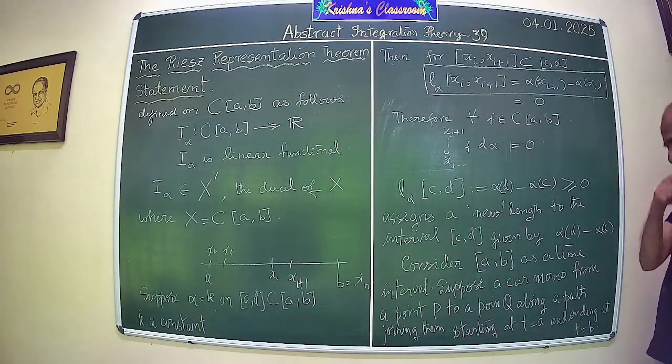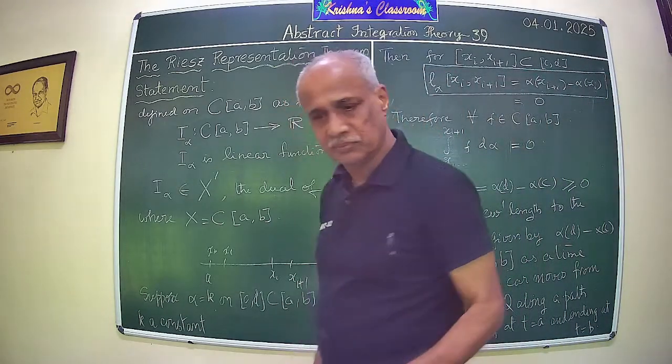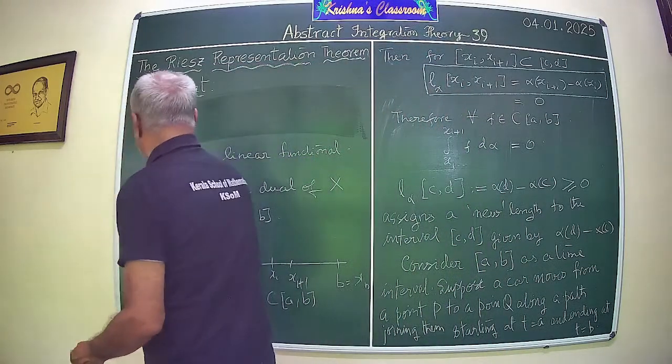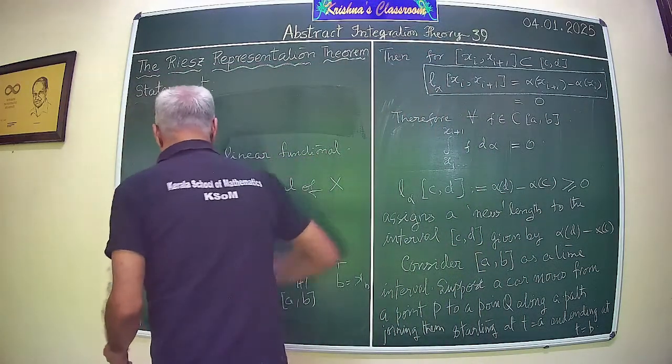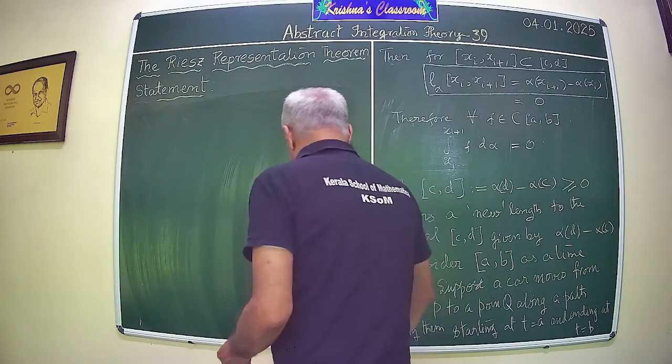Now start measuring the distance. So at time t, we define a function alpha t.